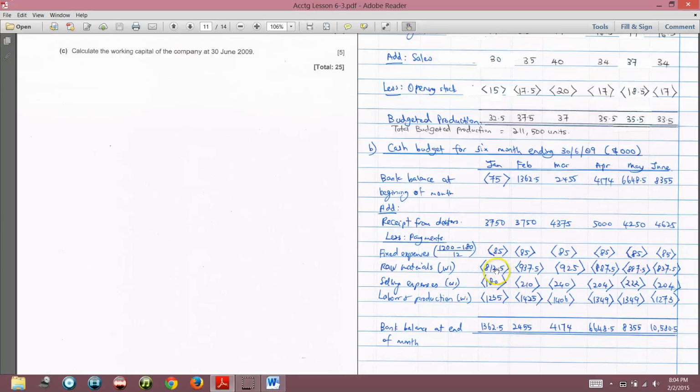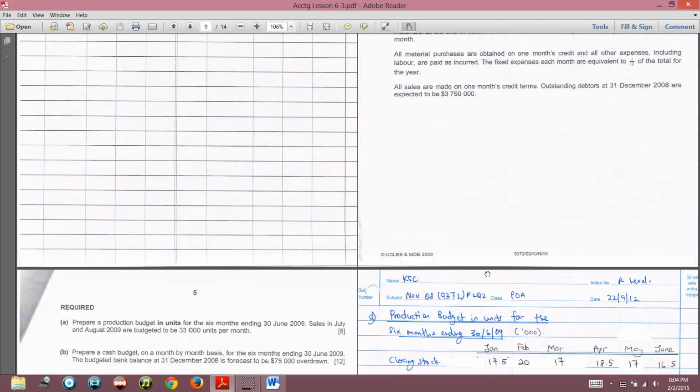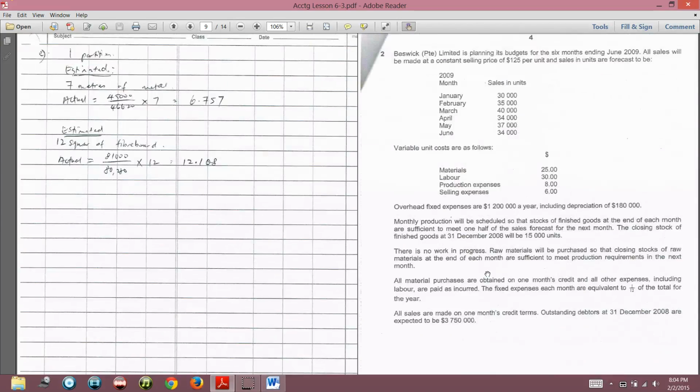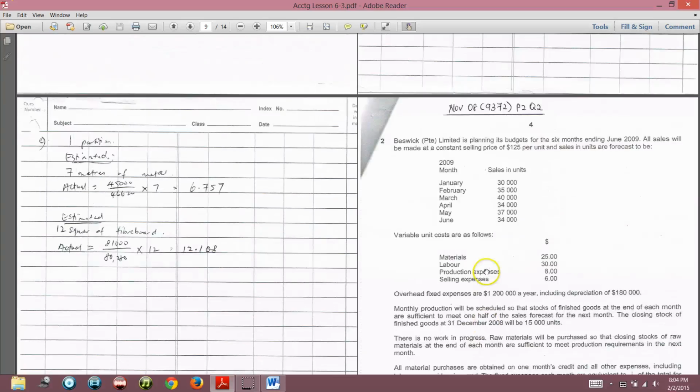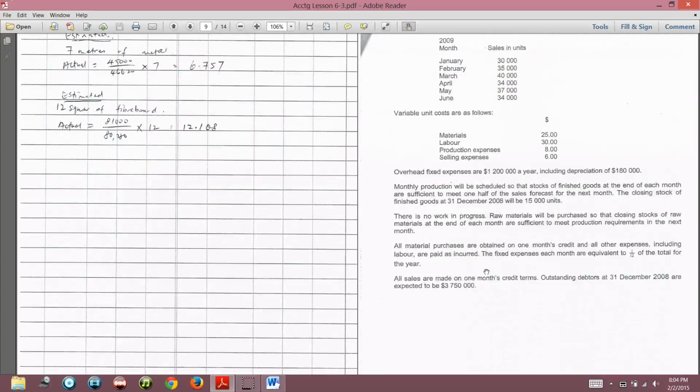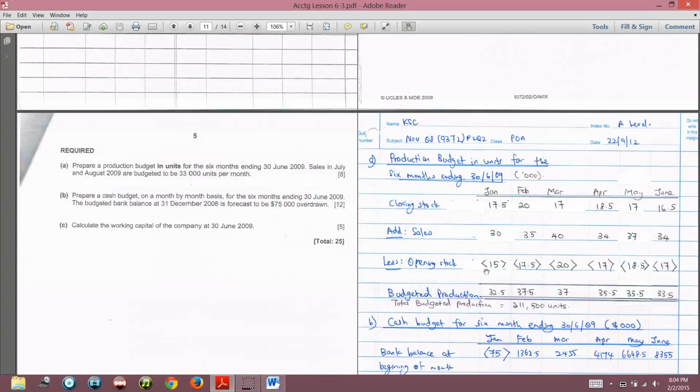So January payment for raw materials will actually be paying for January's production need, because the raw material needed for January production was purchased in December, but payment is supposed to be in January.